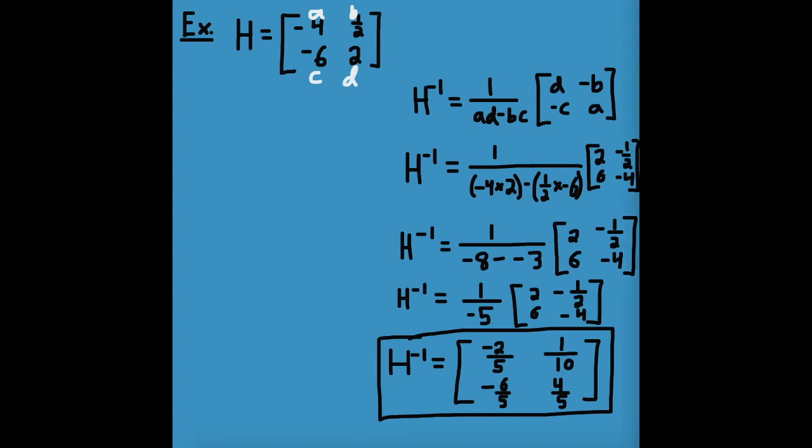Let's try another example. What is the inverse of matrix K when matrix K equals negative 5, 1, 3, 4, 7, 2, 8, 7, 3?